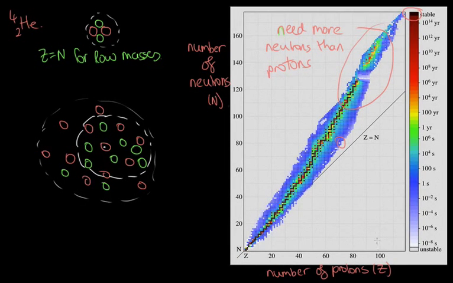So on Earth, we don't actually get anything heavier than uranium, which is 92, and is this one up here. That's because beyond this, their half-lives are so short that all the isotopes with these atomic numbers have decayed because they are unstable.